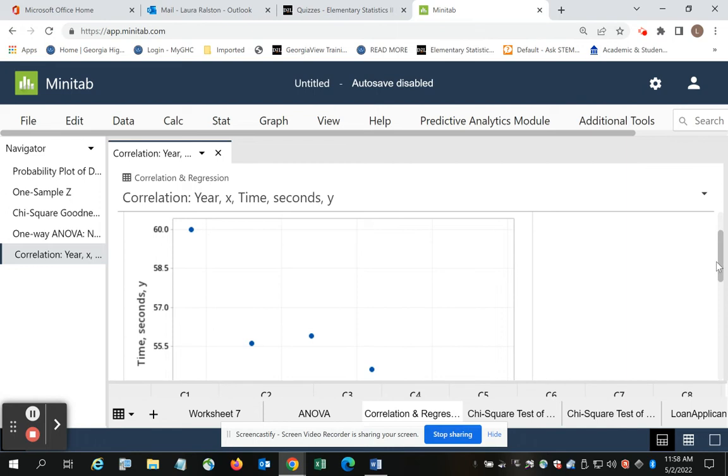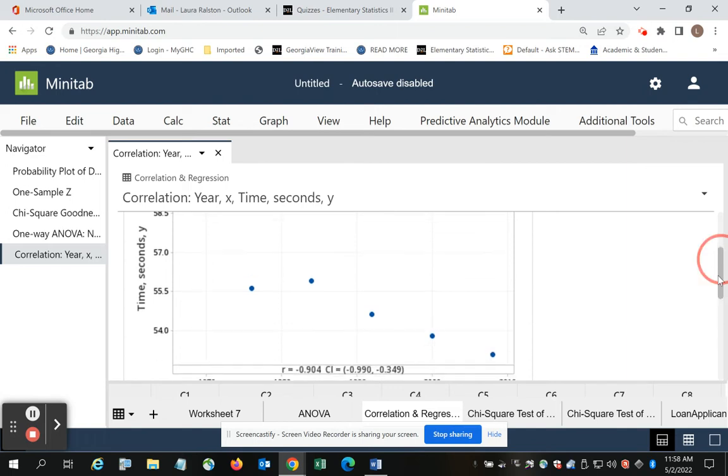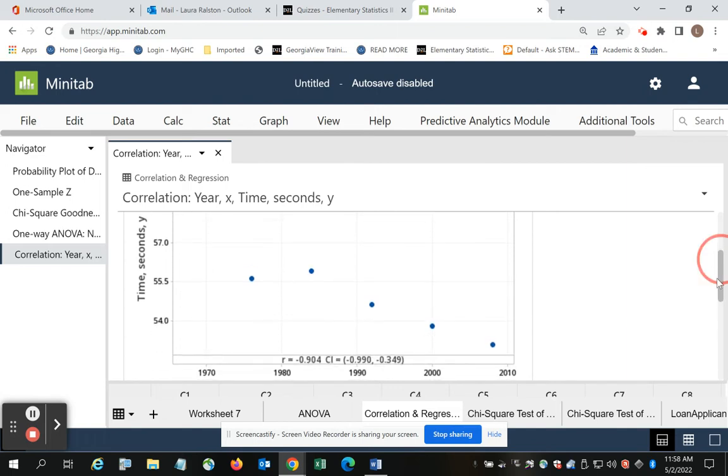So it looks like as the years go up, the time goes down. We look at the graph, and again, it's hard to see the whole thing at one time. There does appear to be a pattern. That pattern appears to be linear, and it appears to be negative. The other thing that I like about this command in Minitab is it goes ahead and gives you the correlation coefficient.